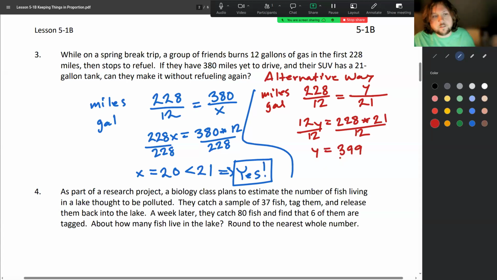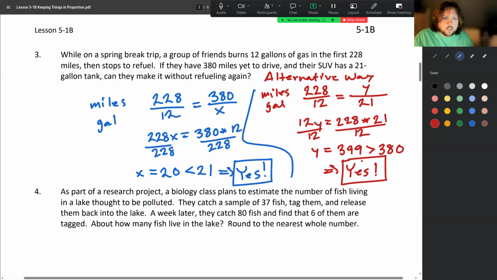So now we say, well, their 21 gallon gas tank will take them 399 miles. And we can see that's greater than the 380 that they need to go. So the answer is yes, they can make it. Hey, how about that? We did it two ways and we got yes either way.